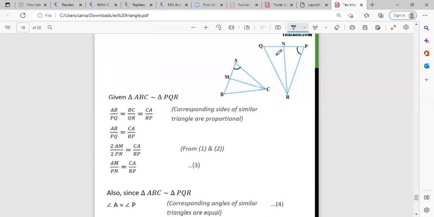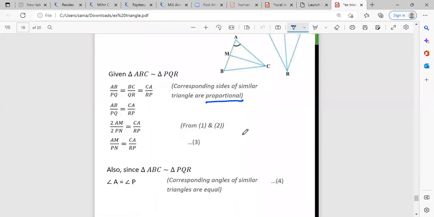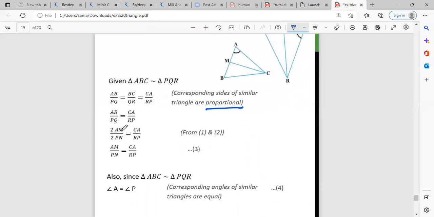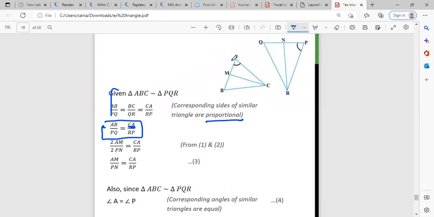So from first and second, we got that AB divided by PQ is equal to CA divided by RP.